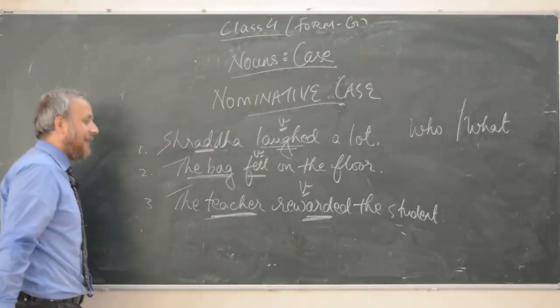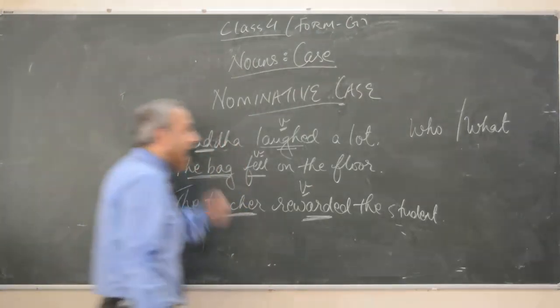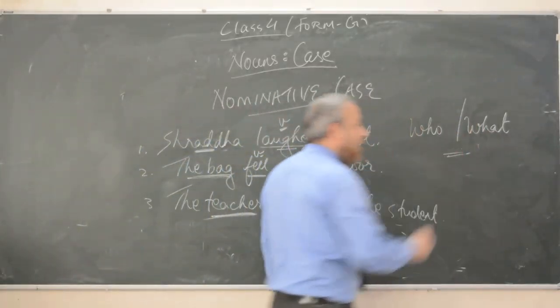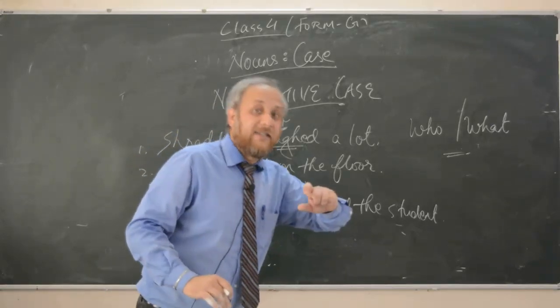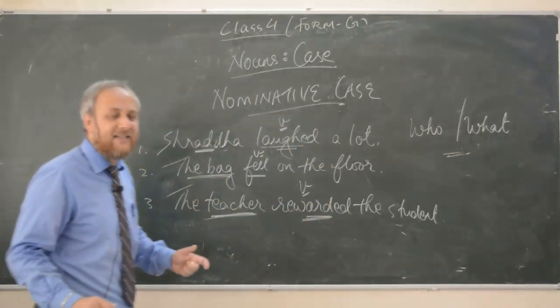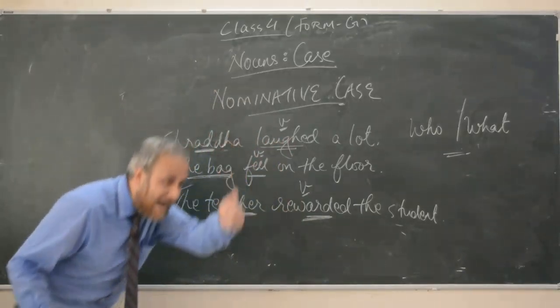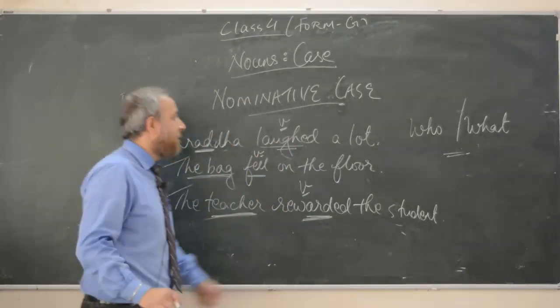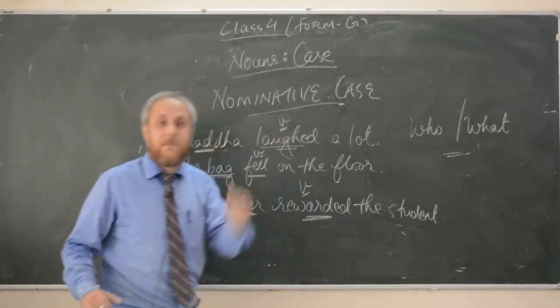The bag fell. Who rewarded? The teacher rewarded. If you ask these questions before the verb, it's very easy for you to find the subject of that sentence. And that subject, if it's a noun, will be in the nominative case if it is used as the subject of the verb.